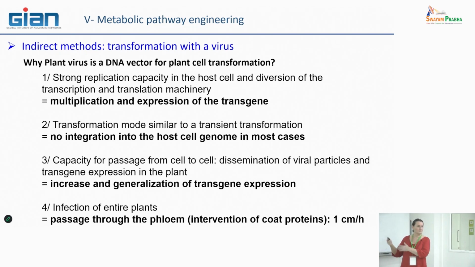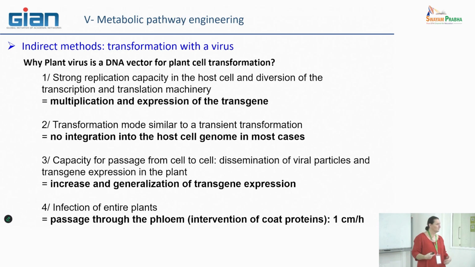Here the transgenes are viral ones, but as we have seen that we can substitute genes, for example in bacteria, we can do exactly the same in the virus. So instead of putting a sequence that encodes a capsid protein, you can put a gene that encodes an enzyme or protein of interest.